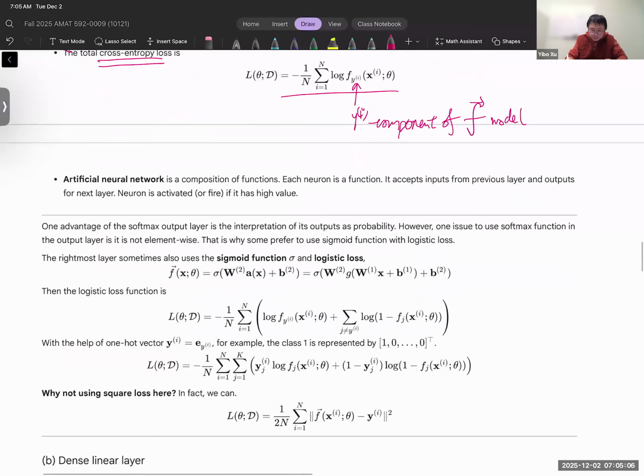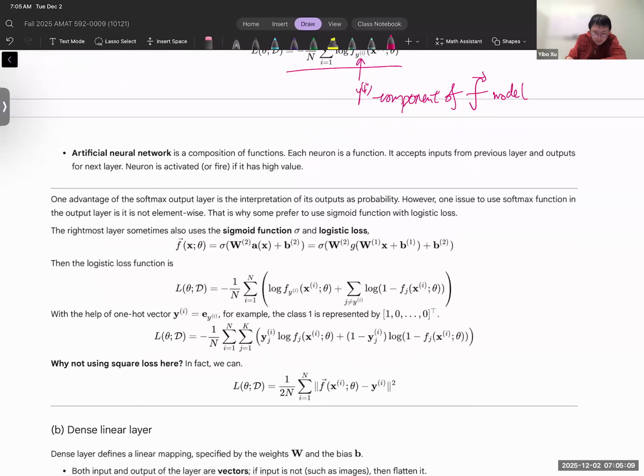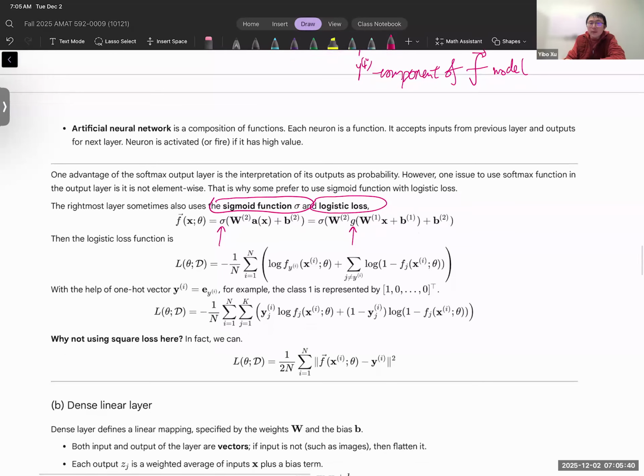Now what happens if you want to change to a sigmoid? If you want to use a sigmoid and a logistic loss, that's basically saying the g function and the final layer are both sigmoid. So there's a sort of problem here.